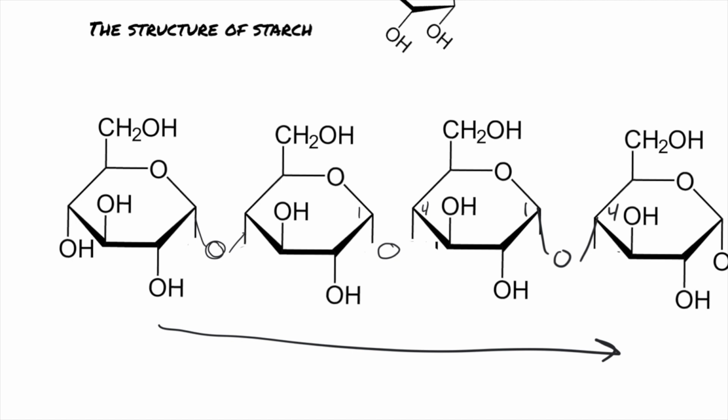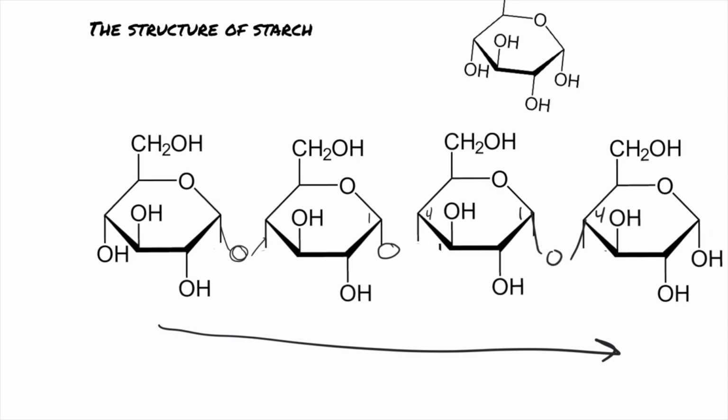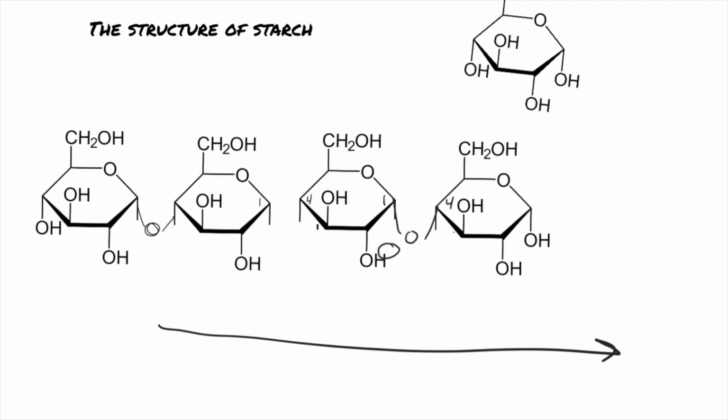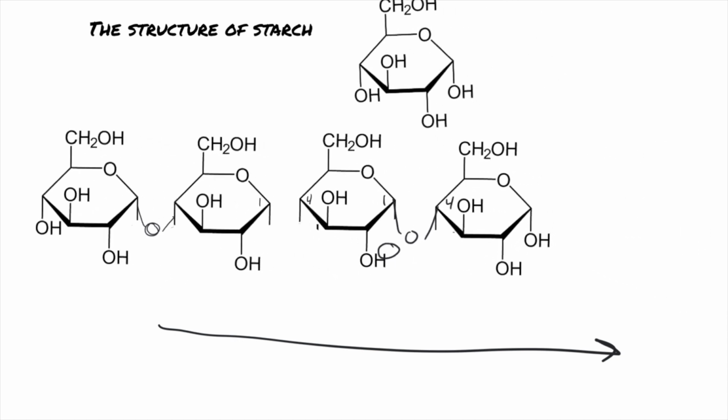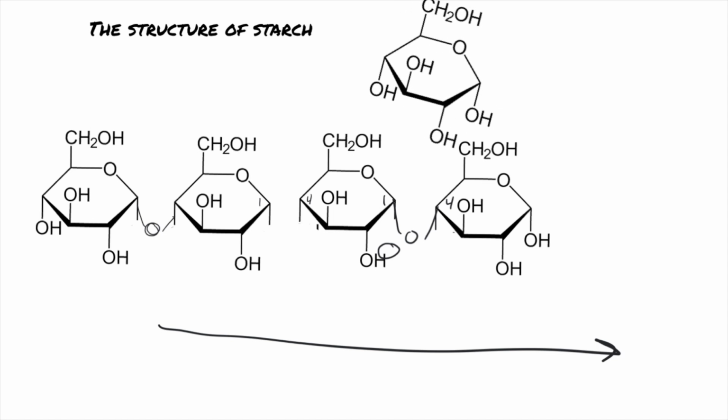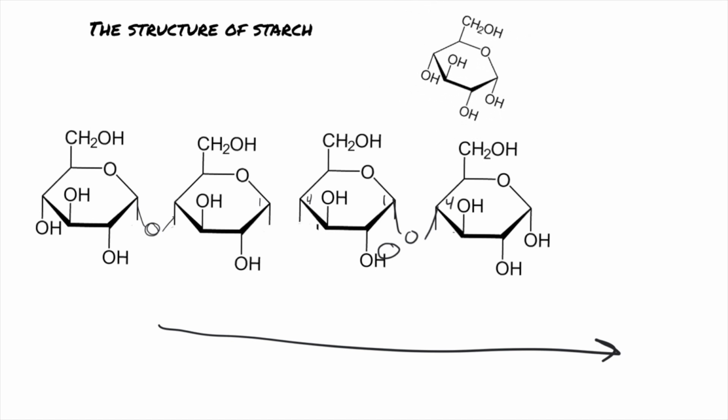Starch is also amylopectin. How does amylopectin form? In amylopectin, another glucose comes along. So now we're drawing amylopectin. So this is my other glucose here. And this time it attaches itself at the position of the sixth carbon.